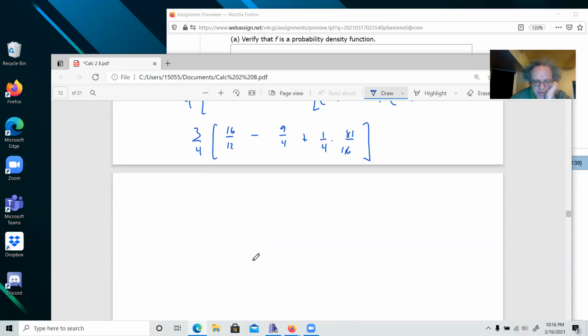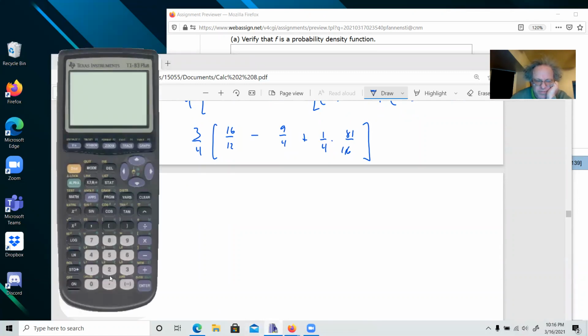Okay, so let's see here. We're going to have 16 divided by 12. Okay. Minus 9 over 4. Okay. Plus 81 over, what's 16 times 4? 64, isn't it?